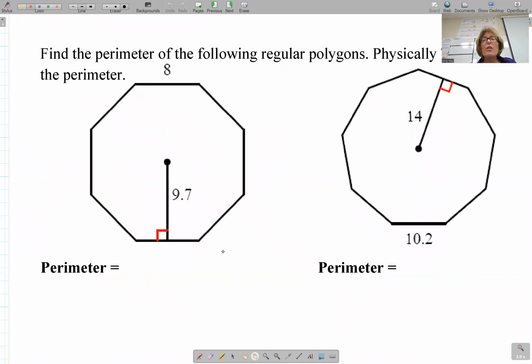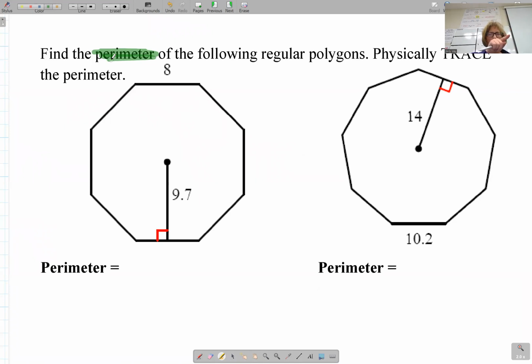I want you to find the perimeter of both these polygons. It's very important when you work with perimeter that you always physically trace around. So let's count your sides and trace. 1, 2, 3, 4, 5, 6, 7, 8.